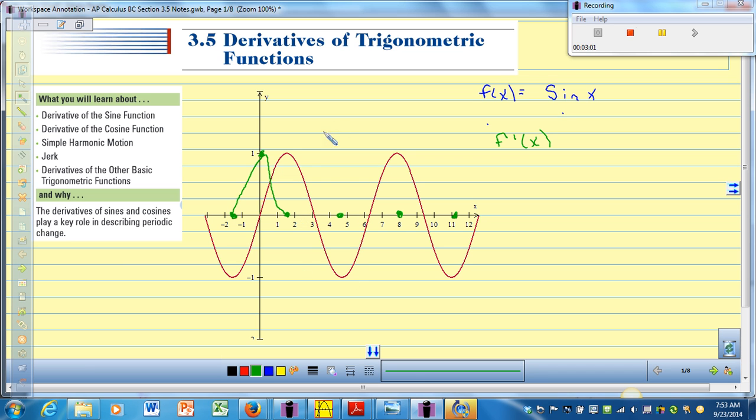Then from here to here, our f prime graph starts at 0, ends at 0, and all the slopes are negative, with the largest being at maybe pi, do you think? So it's going to come down like this.